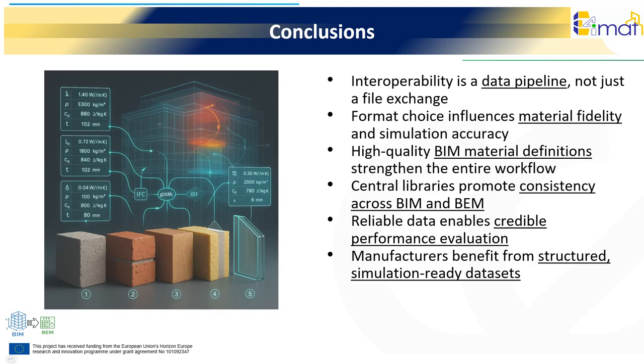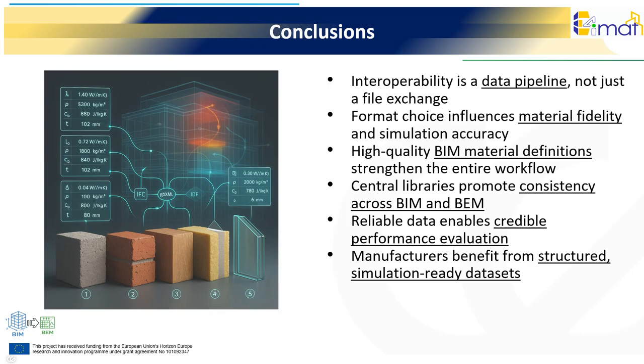BIM/BEM interoperability. The transition from a physical description to an analytical model functions as a data pipeline, and the integrity of that pipeline determines how accurately materials are represented in energy simulations. The exchange formats used along the way play a significant role.